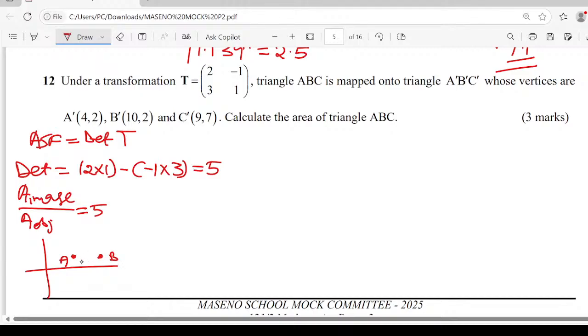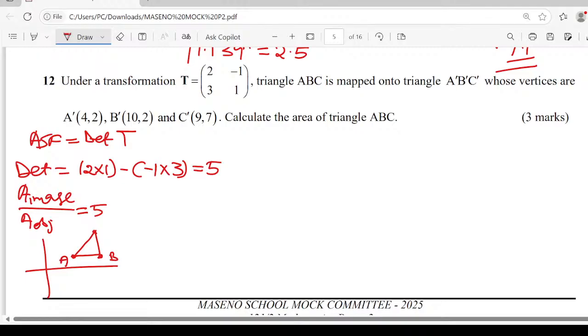Then C at 9, 7. We need to get the area of that triangle. B is 10, 2, A is 4, 2, then 9, 7.